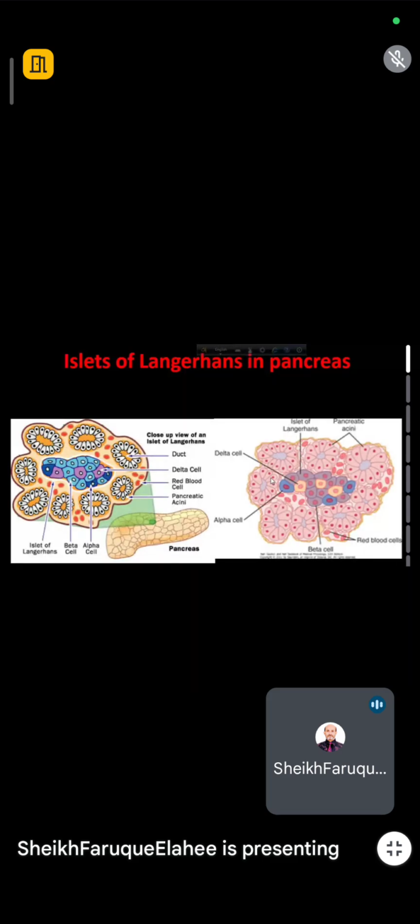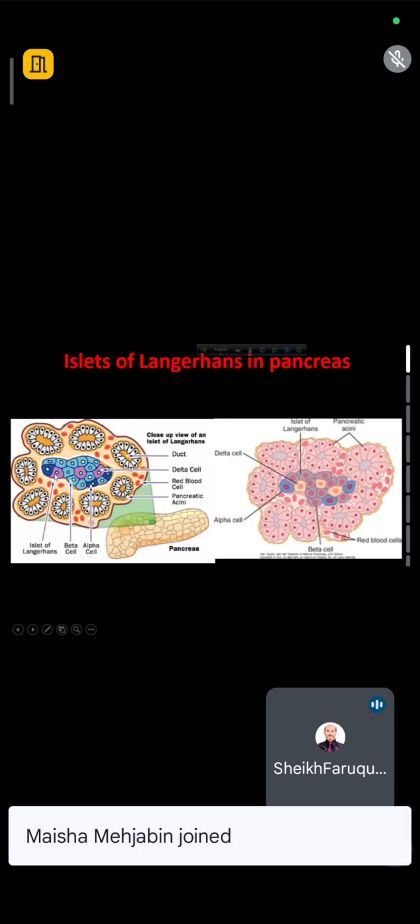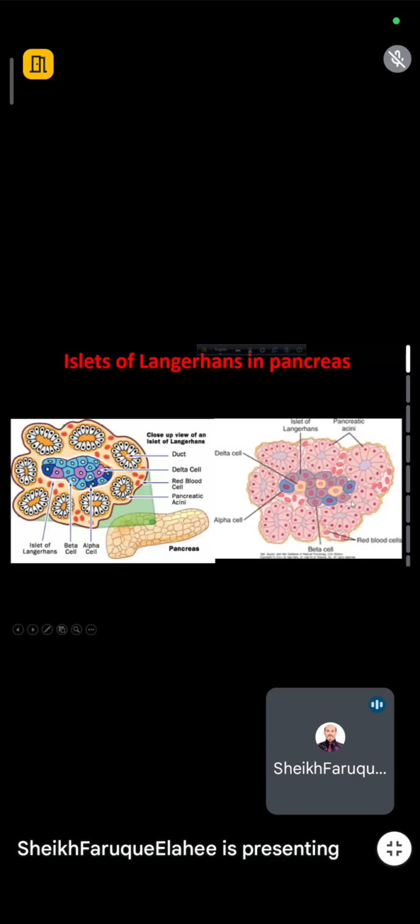Alpha cells secrete glucagon, beta cells secrete insulin, and delta cells secrete somatostatin and other hormones. So our main concern is the beta cell, which produces insulin. This is also one gland you see. This blue is the alpha cell, and this one is the beta cell. Beta cells are more, and this brown one is the delta cell.